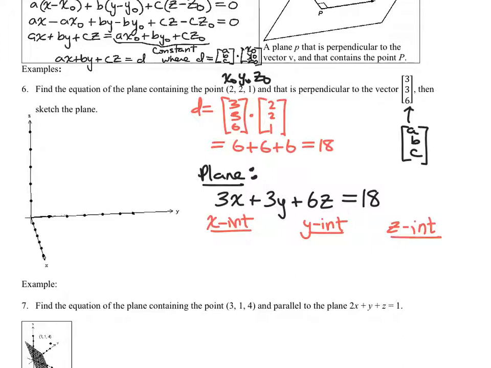X-intercepts you get by subbing in 0 for the other dimensions, y and z. So it's just 3x equals 18, so x is 6. Oh, that's the y.